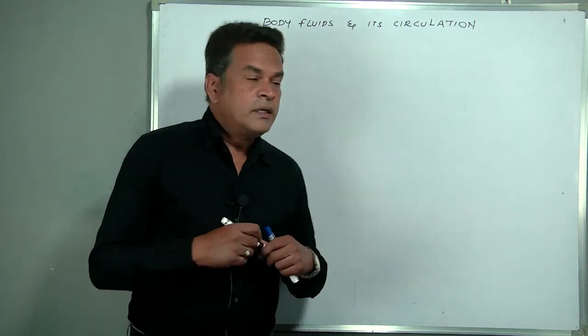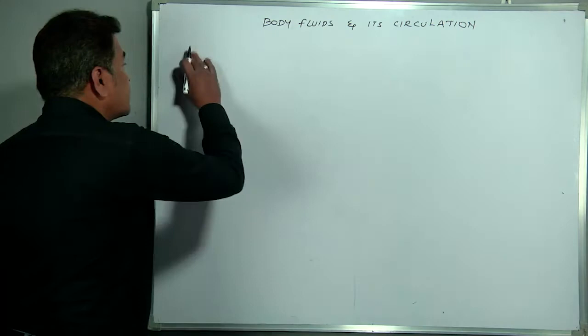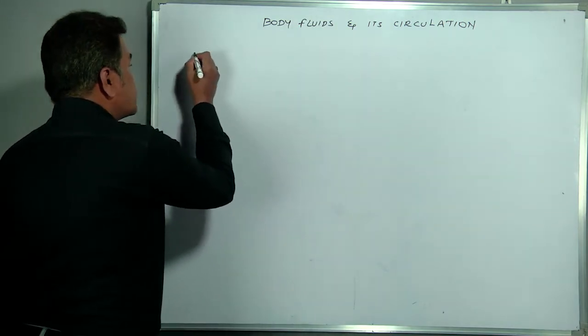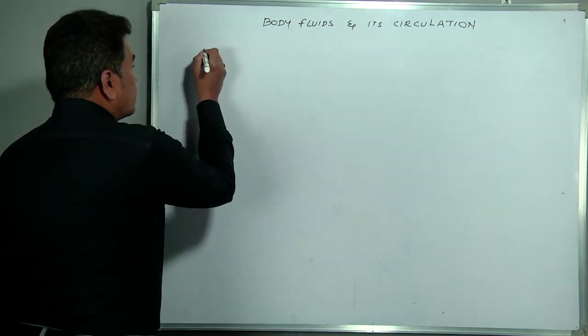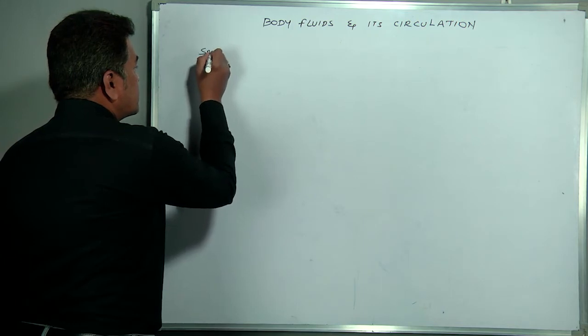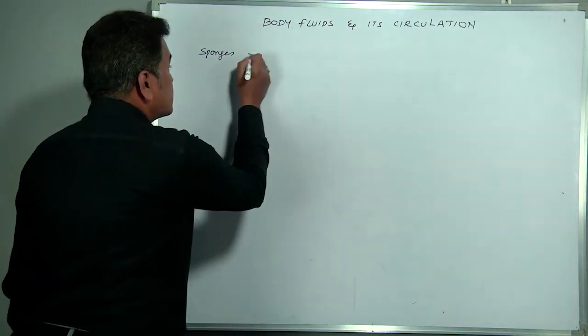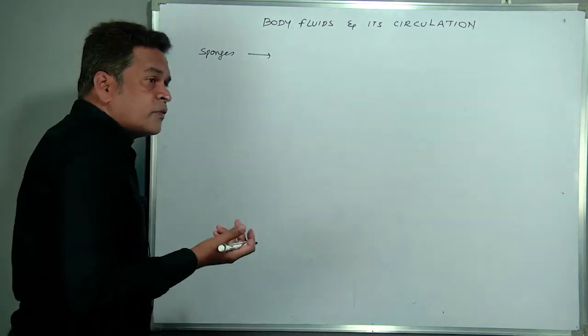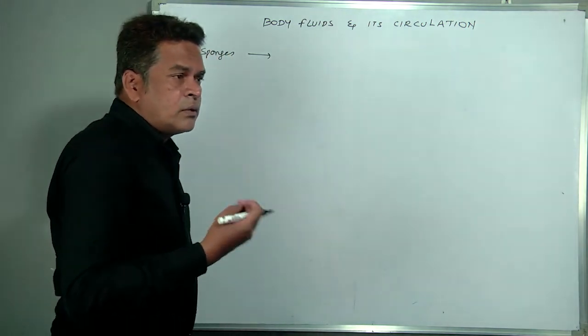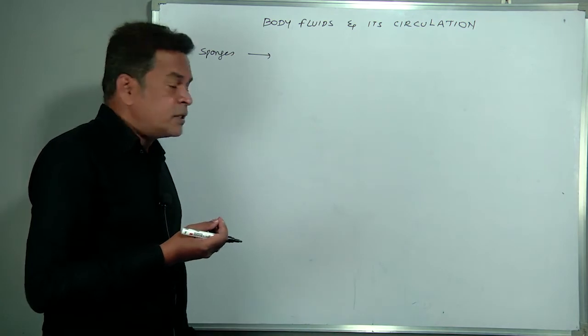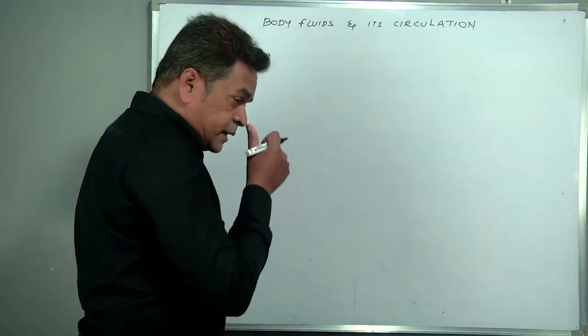Then we'll discuss the different types, for example in sponges. In sponges, you don't find a circulatory system, because this is a cellular level of organization, so you don't find any tissue.